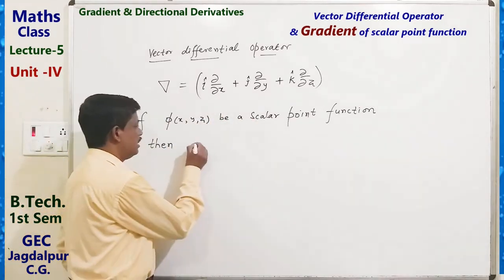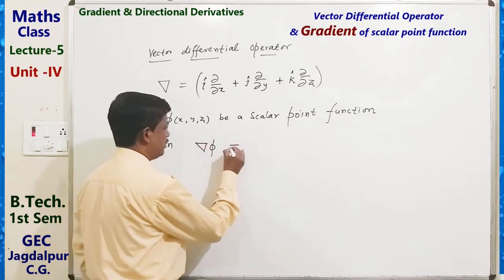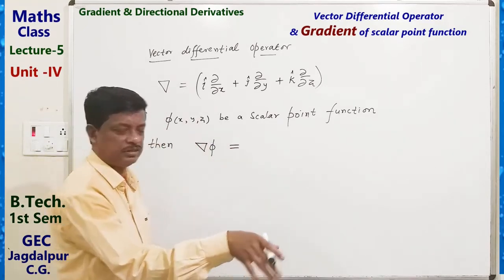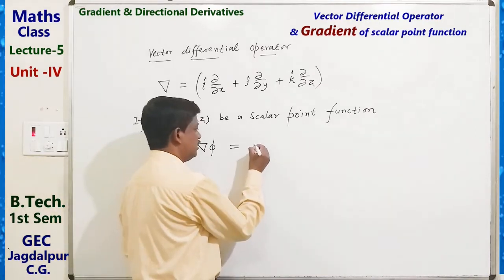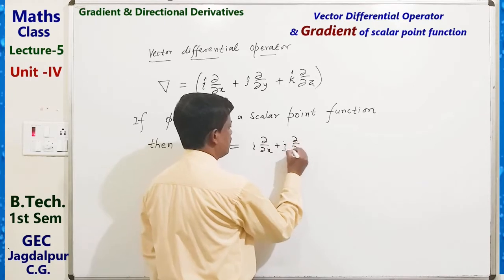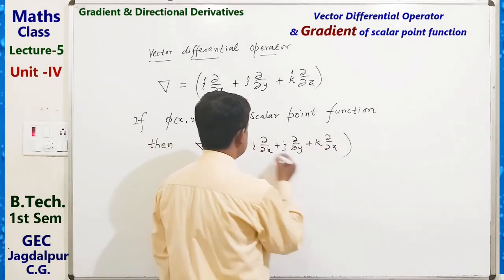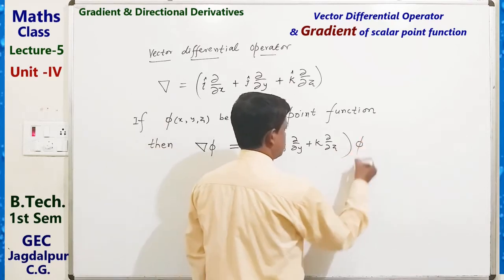Del phi. Operate this on this. That is, del means i del/del x plus j del/del y plus k del/del z. This is the operator and this is the function phi.